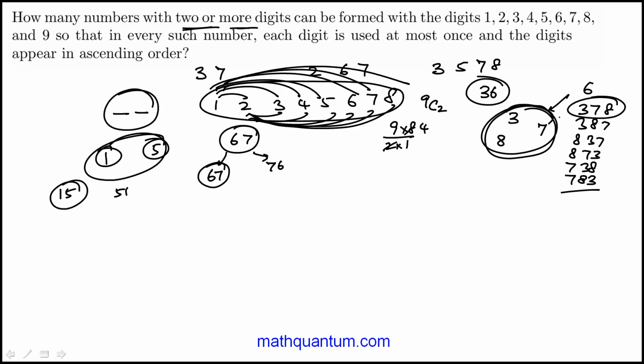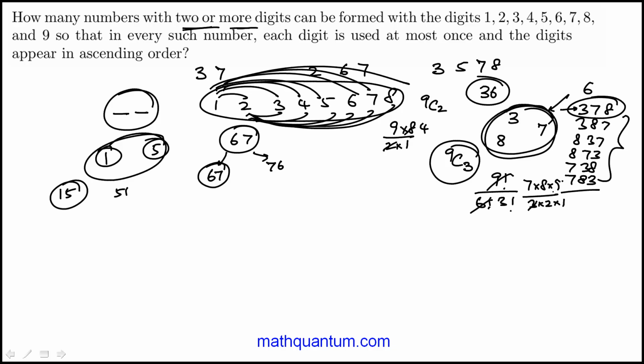So to figure out how many of those three-digit numbers are in increasing order, it's really about finding how many sets of three numbers I can select from a pool of 9. So this is 9C3. Order doesn't matter. And you can compute this. 9 times 8 times 7 over 3 times 2 times 1, and this would be 84.